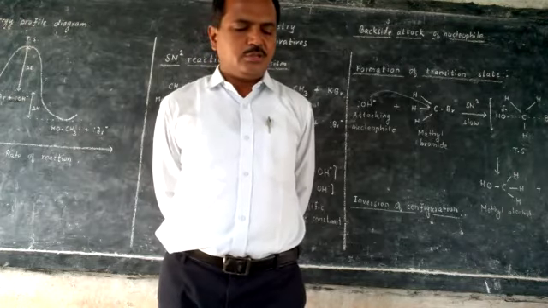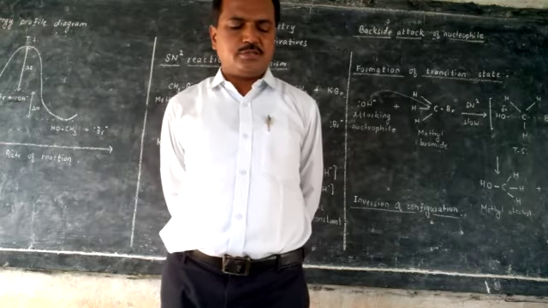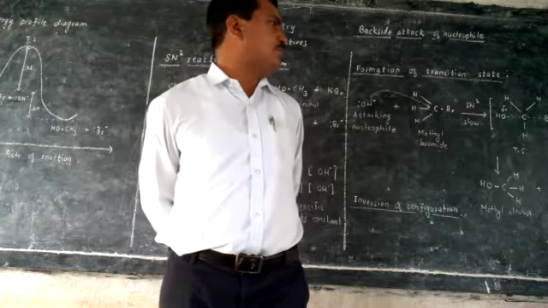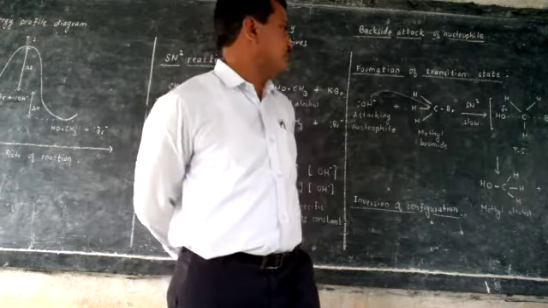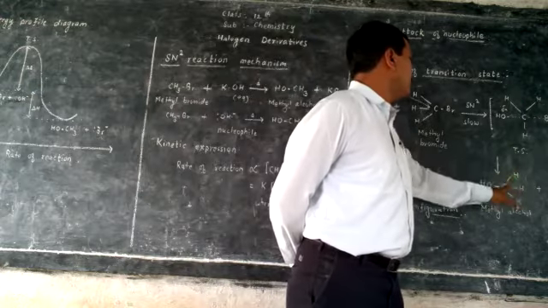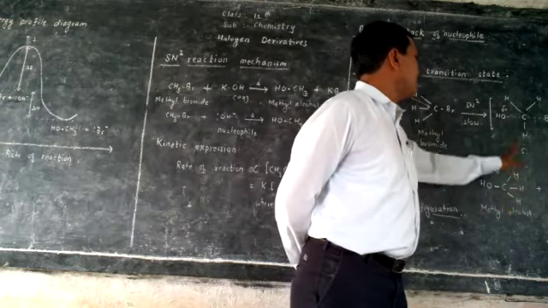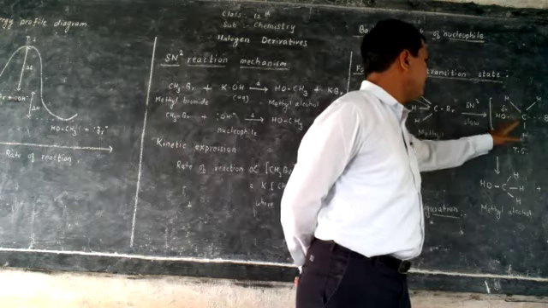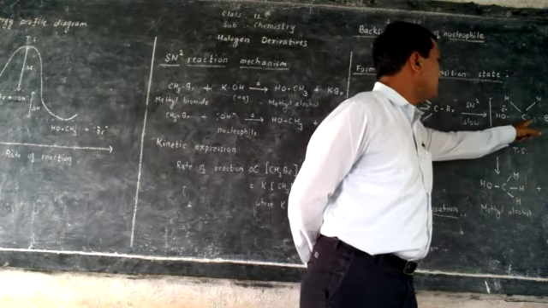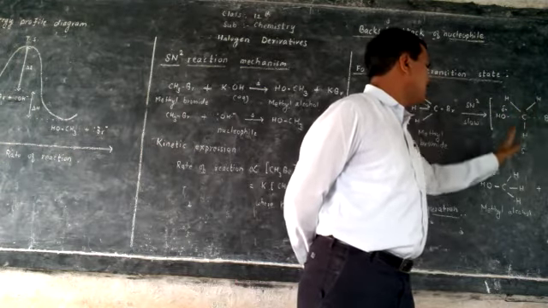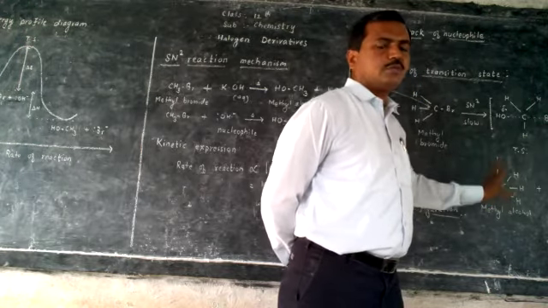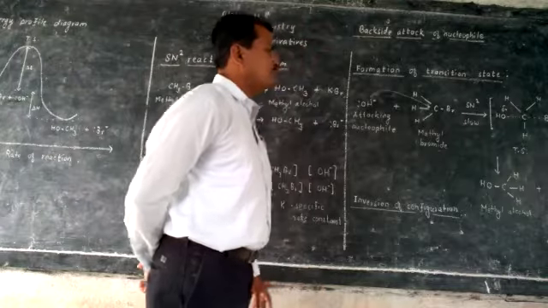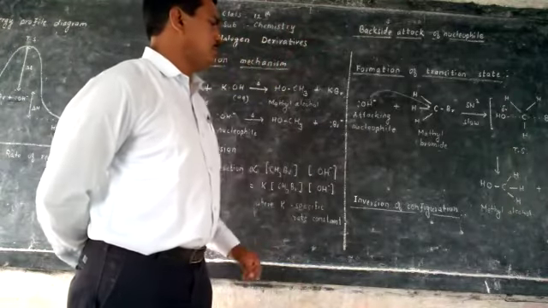Every reactant must pass through the transition state before formation of product. When product is formed, the bond between carbon and Br negative breaks, the bond between OH negative and carbon is formed, and bromine leaves.